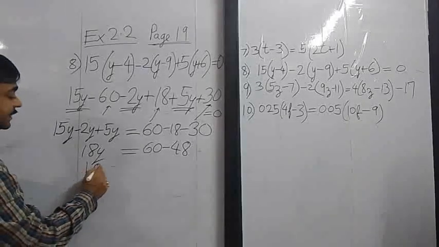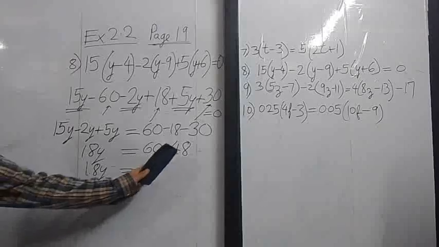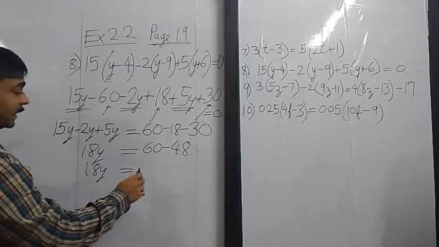I say 18y equals 60 minus 48, which is 12.